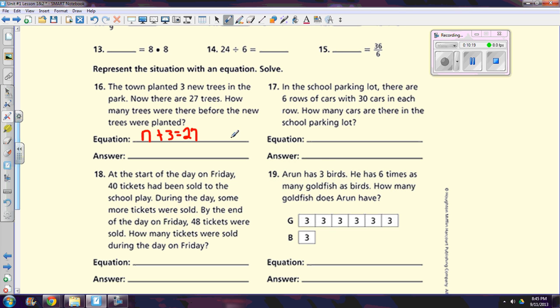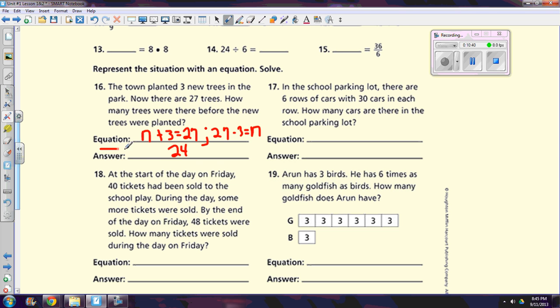Or we start out with 27, we take away, we say 27 minus 3 equals n. Answer: n would have to be 24.